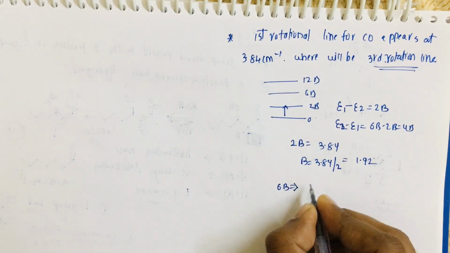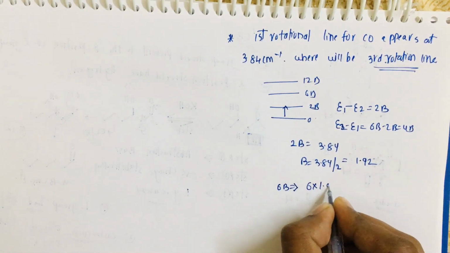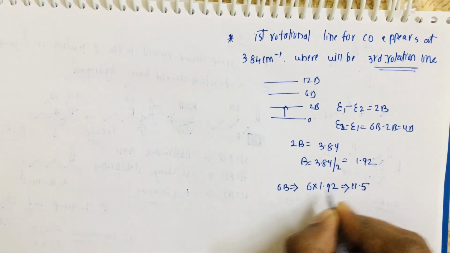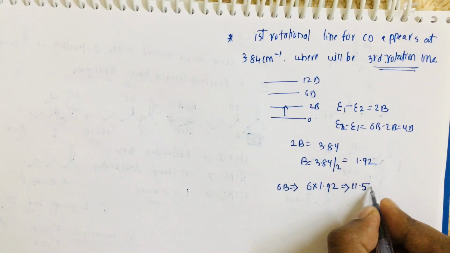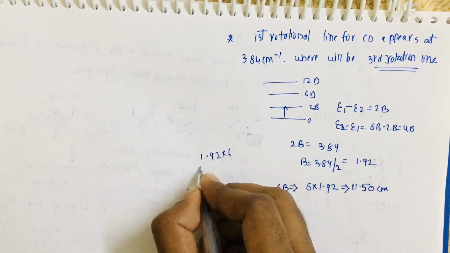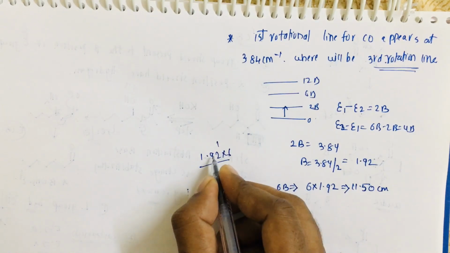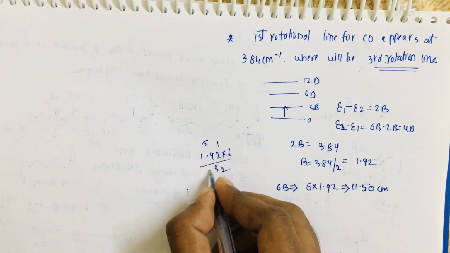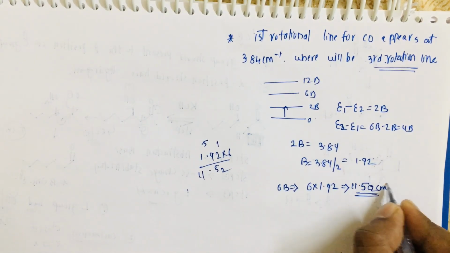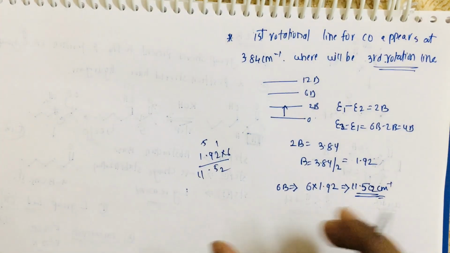So we can directly calculate 6 into 1.92. 6 twos are 12, 6 nines are 54, 55, 6 ones are 6. So 11.52 centimeter inverse.